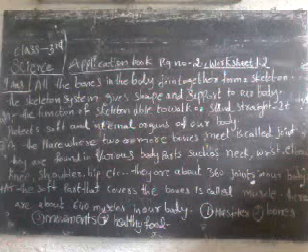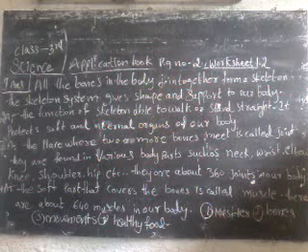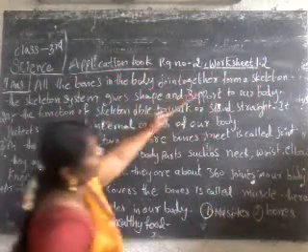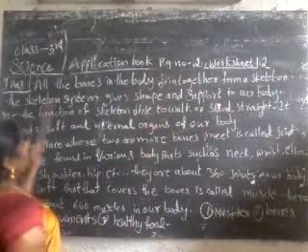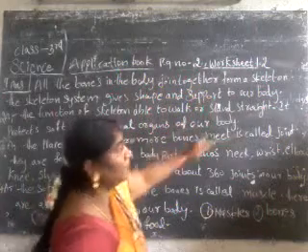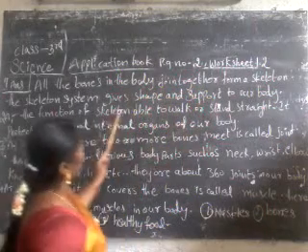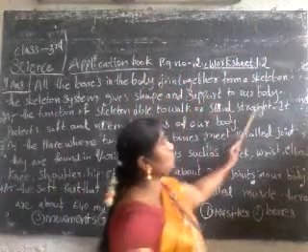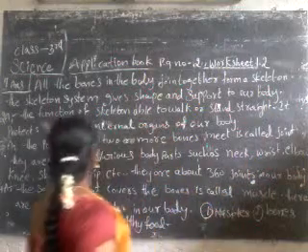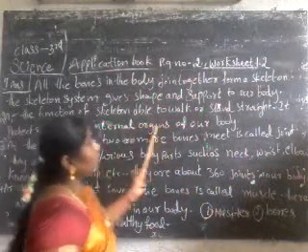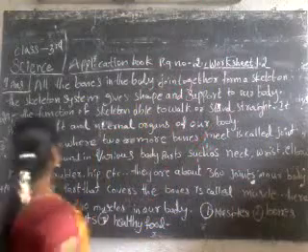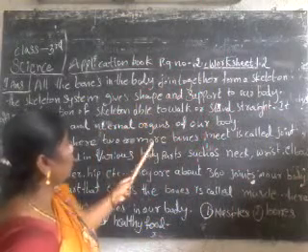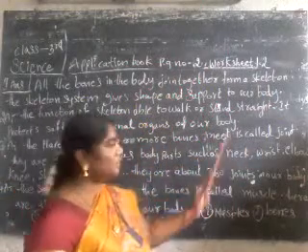Then look for 1 minute. First answer. All the bones in the body join together to form a skeleton. The skeleton system gives shape and support to our body. The function of the skeleton is to let us walk and stand straight. The skeleton protects the soft and internal organs of our body. The place where 2 or more bones meet is called a joint.